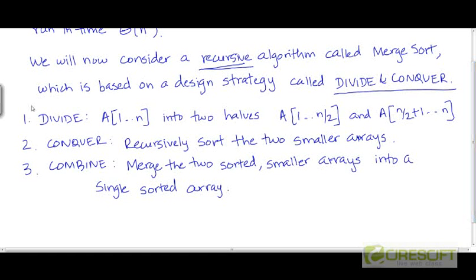So this is how a divide and conquer strategy is going to look in general. It's going to have three steps. In the first step, we will divide the problem into subproblems. In the second step, we will conquer the subproblems or solve the subproblems. And then in the third step, we will combine the solutions to the subproblems to arrive at the overall solution to the original problem.